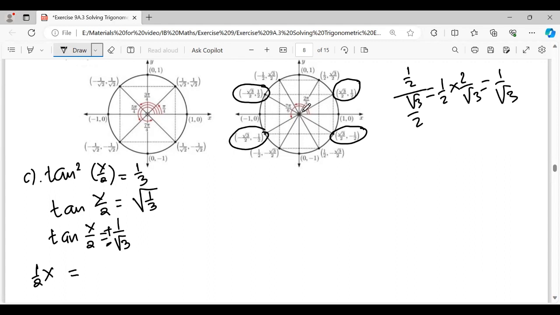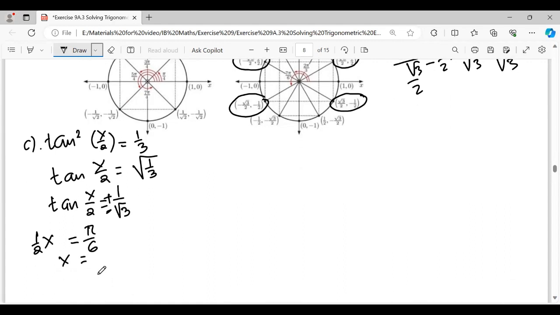First value is this one, 1 over 6, so pi over 6. So x equals pi over 12, that is x1.